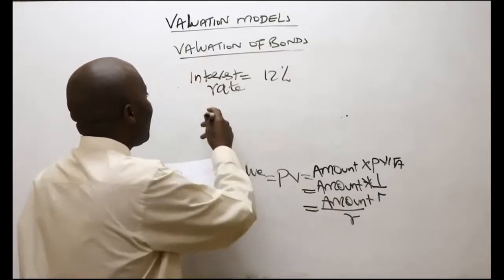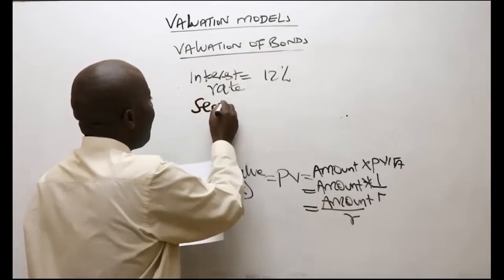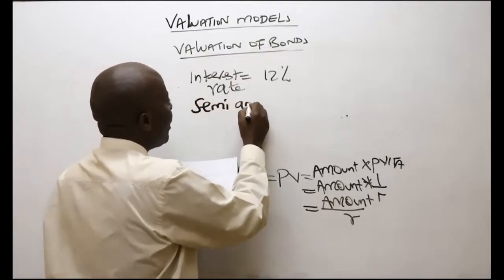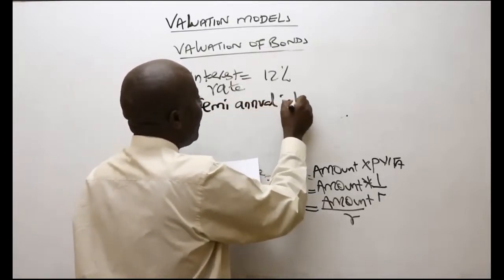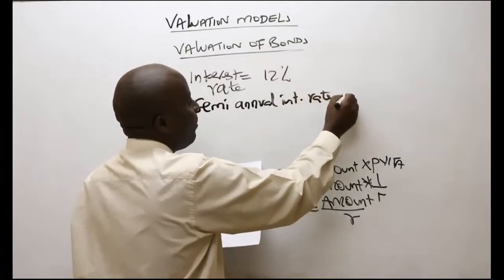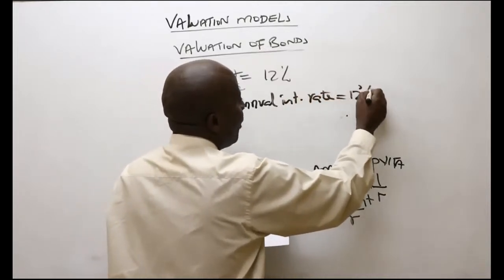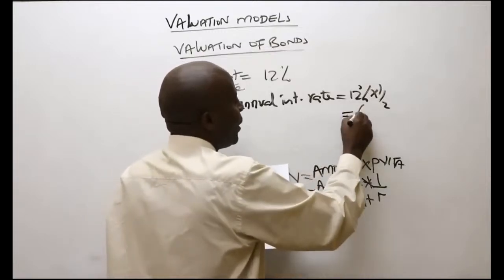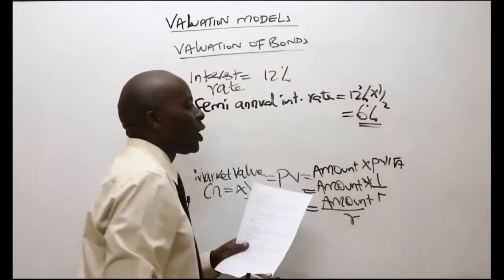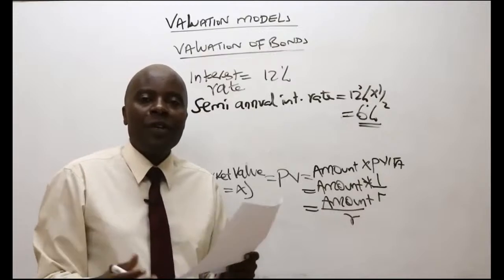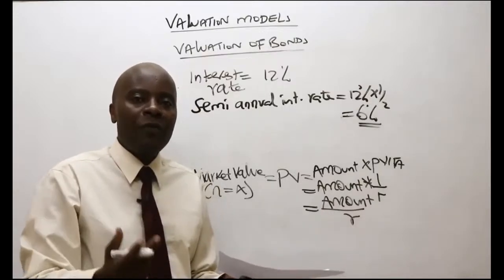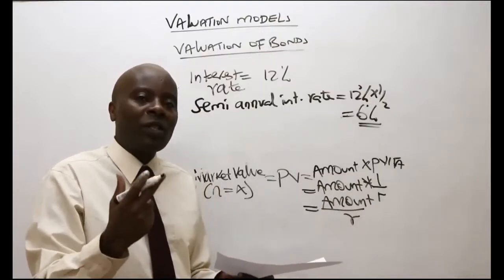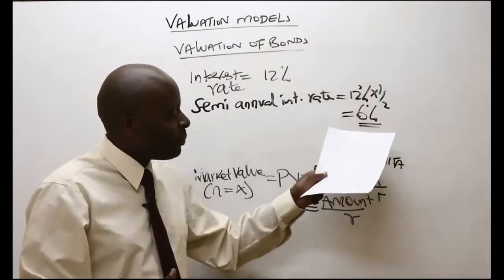So give us the semi-annual interest rate. Semi-annual, that is a half of a year. So a half of 12% gives us 6%, every 6 months.